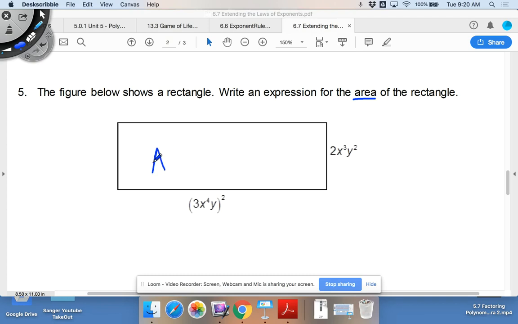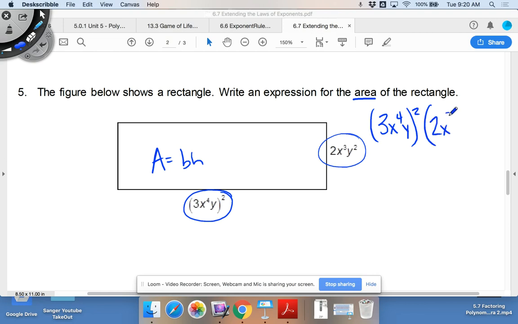So to find the area, you do base times height or length times width, however you want to write it. So we know it's going to be this side times this side, right? So I'm going to put 3x to the 4th y squared, all squared, times 2x to the 3rd y squared.